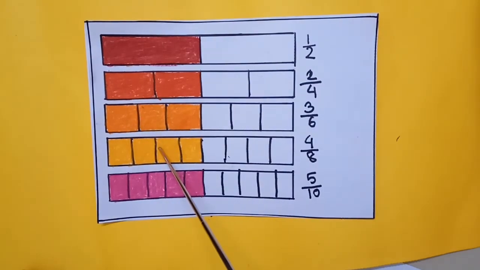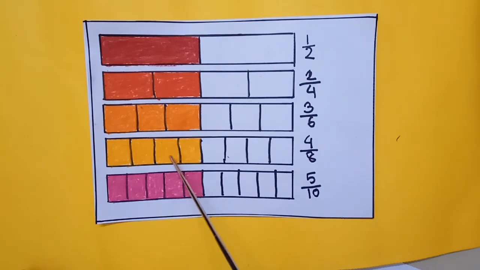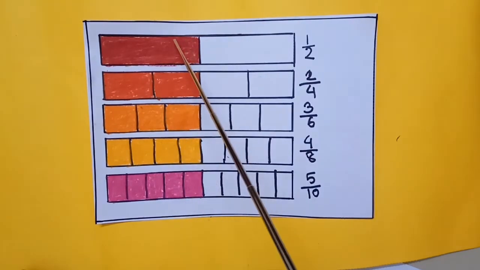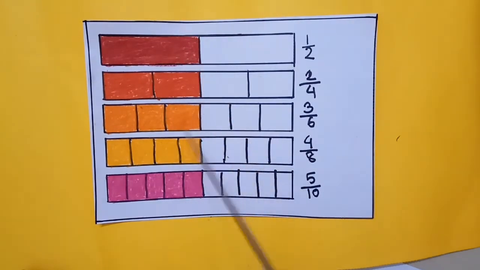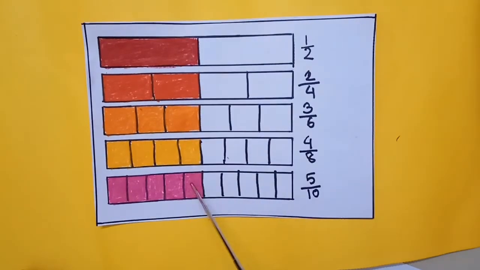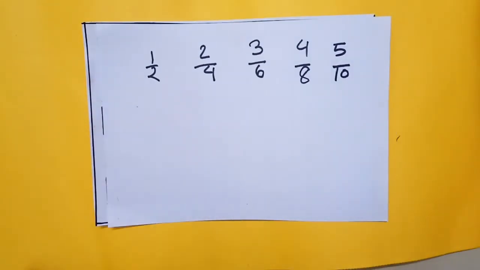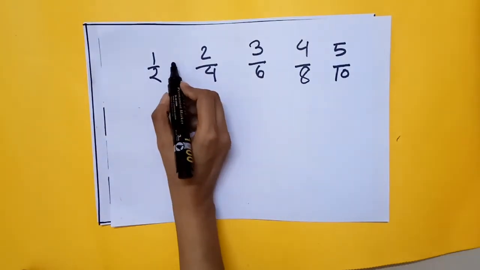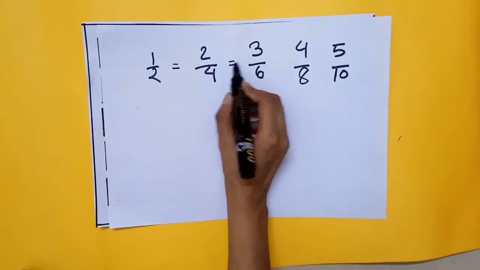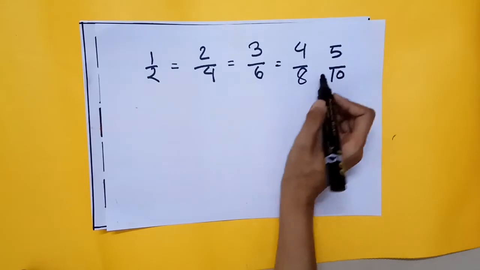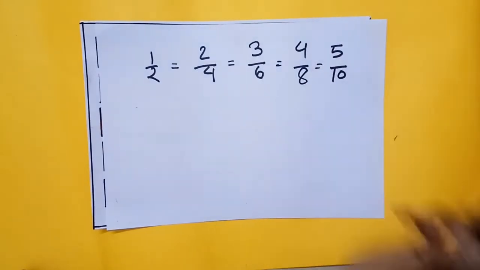These two are also equal. These two are also equal. If we observe from first to last, all are equal to half. So the answer will be half equals 2/4 equals 3/6 equals 4/8 equals 5/10.